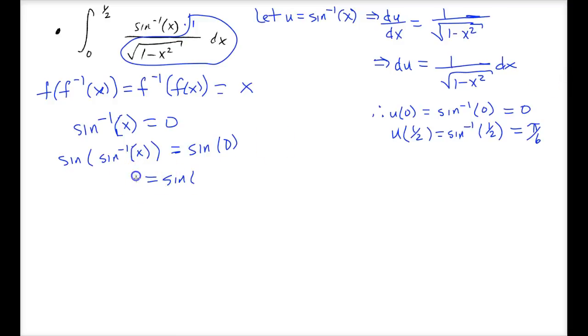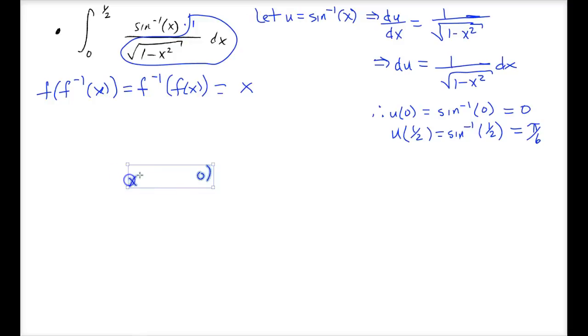And here, I think I have that written right. Oh no, that's still not right. So let me start all this over so that you can see what's going on there. Yeah, I'm just going to get rid of it.